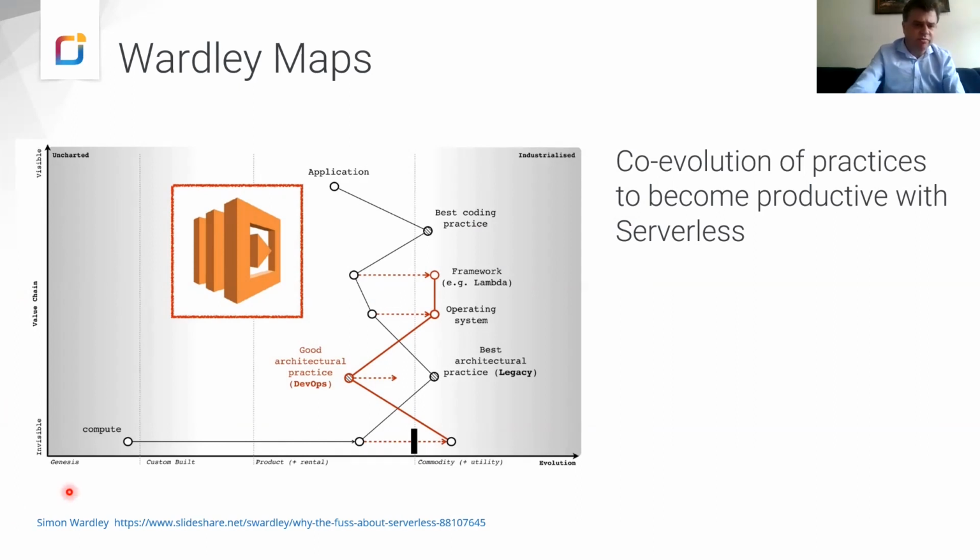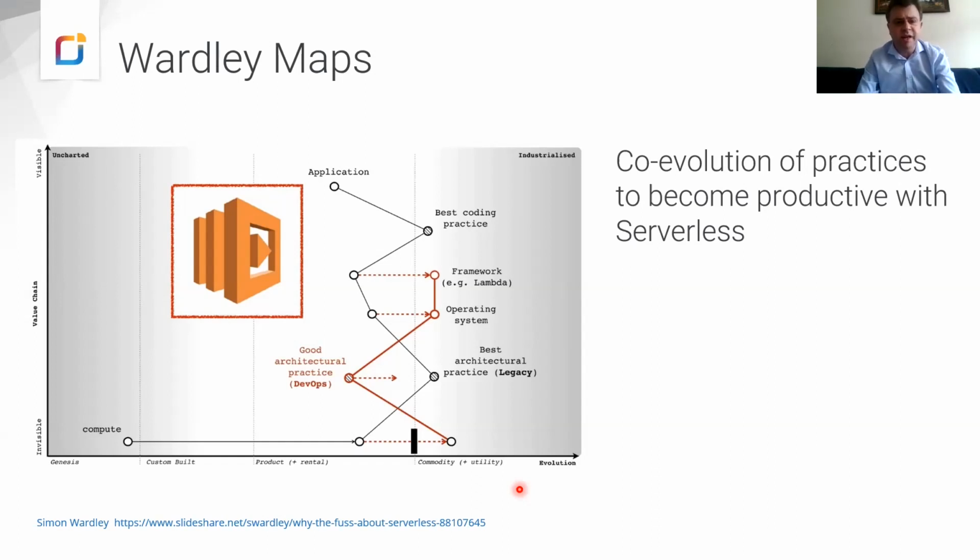They also differentiate between Genesis, custom-built products, and commodity utility stuff. And serverless is a kind of evolution, because many things become commodities. The whole compute stuff became a commodity with the cloud itself, and now with Lambda, the whole execution environment. The whole web application server with a managed programming language also became a commodity.